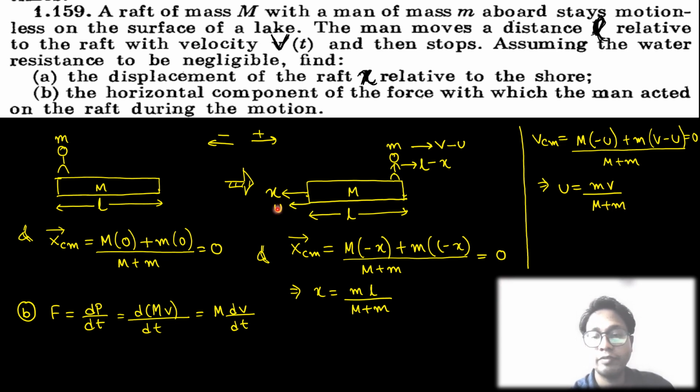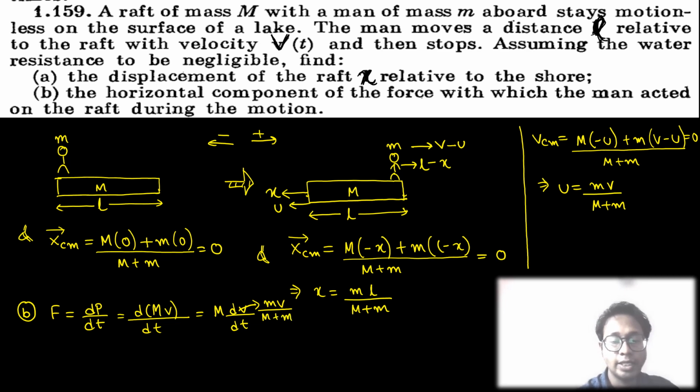That means the velocity of the boat would be the mass of the man into the velocity of the person according to the boat, as observed by the boat, divided by m plus m. Now simply if we apply this velocity here, the velocity of the boat is nothing but mv by m plus m.